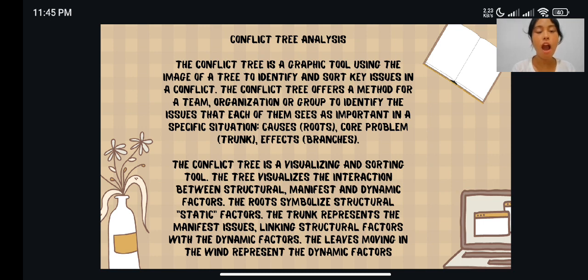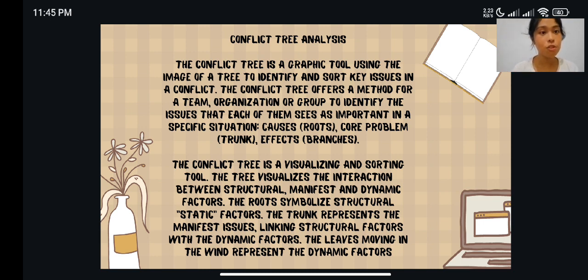The conflict tree offers a method for a team, organization, or group to identify the issues that each of them sees as important in a specific situation, such as the causes, which are represented by the roots, the core problem, which is represented by the trunk of the tree, and lastly, the effects, which are represented by the branches of the tree. The conflict tree is a visualizing and sorting tool.